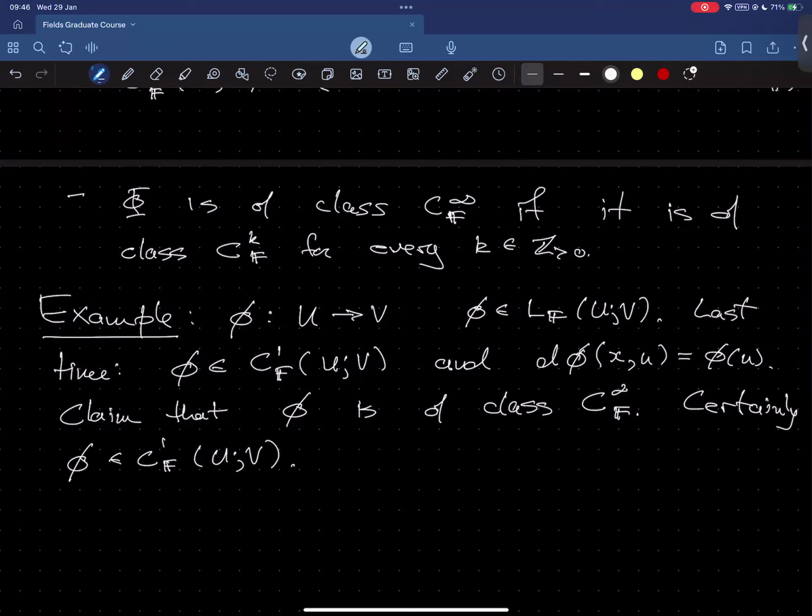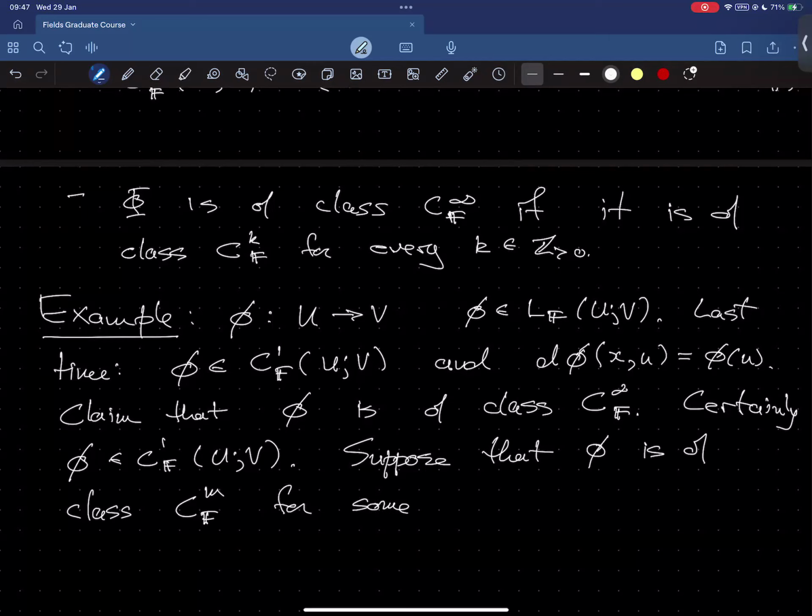Okay, so now, by induction, suppose that phi is of class C^m, let's say, for some m, and let me say m is greater than 1.